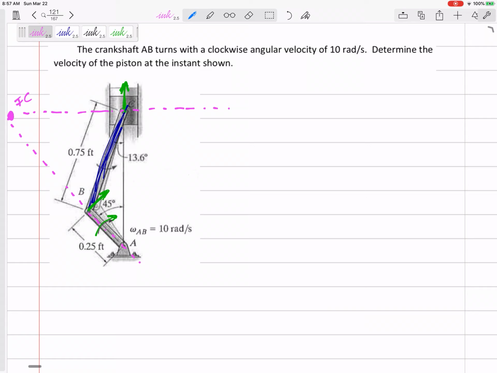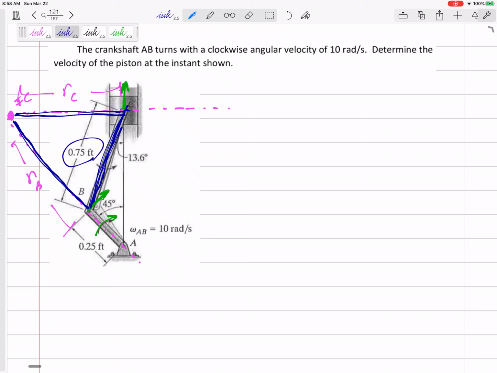Okay, so now I need to find this distance RC and this distance RB. So I look and ask, okay, what do I know about some angles? Do I know some distances? And so I'm going to draw this blue triangle right here and ask myself, do I know some things about that blue triangle?